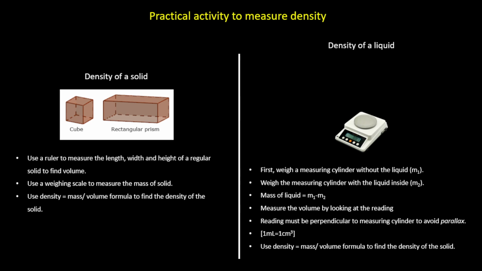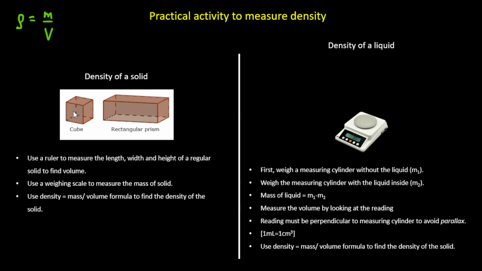There are some practical activities they might ask you to do to measure density, but your approach should always be that density is equal to mass divided by volume. There is no device for us to measure density directly. We can only measure the mass and volume and use this formula to calculate it.